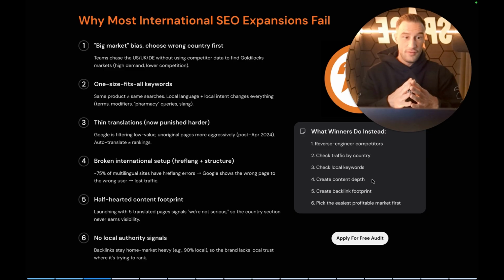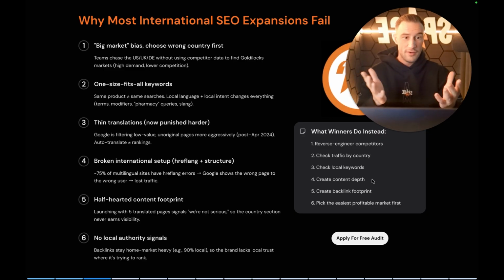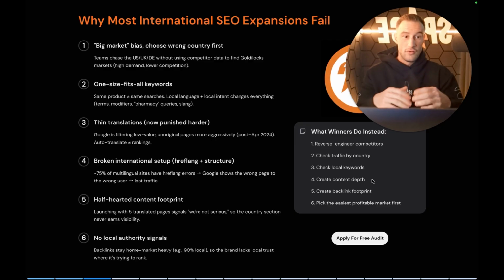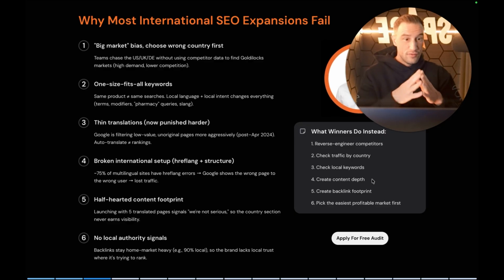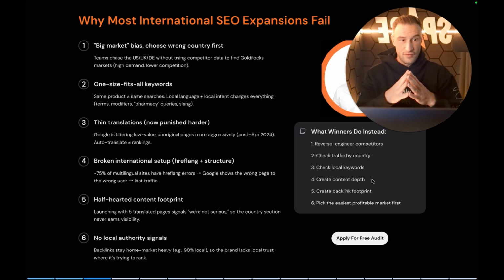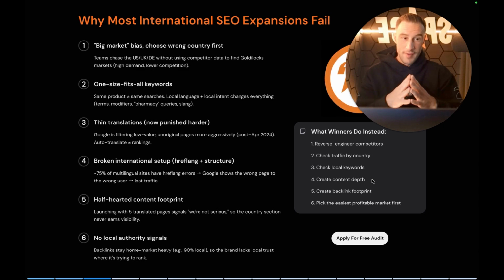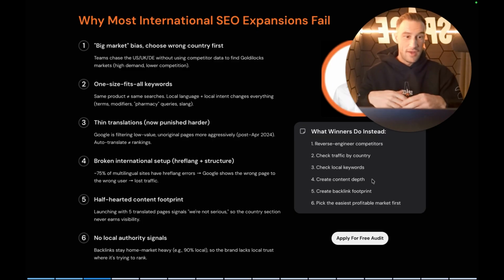And there is obviously 10 times more competition than in a small country like Georgia or any other small country. So there's a lot more involved to find the correct country than just following volume, following all those kind of gut feeling things that not necessarily mean that it's a good country to scale to. So you want to find Goldilocks markets, which are markets with high demand and low competition first, because you can make money easier there.